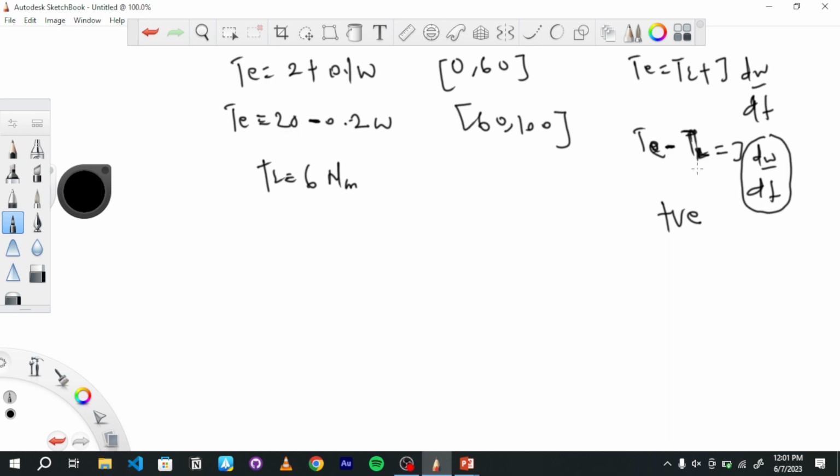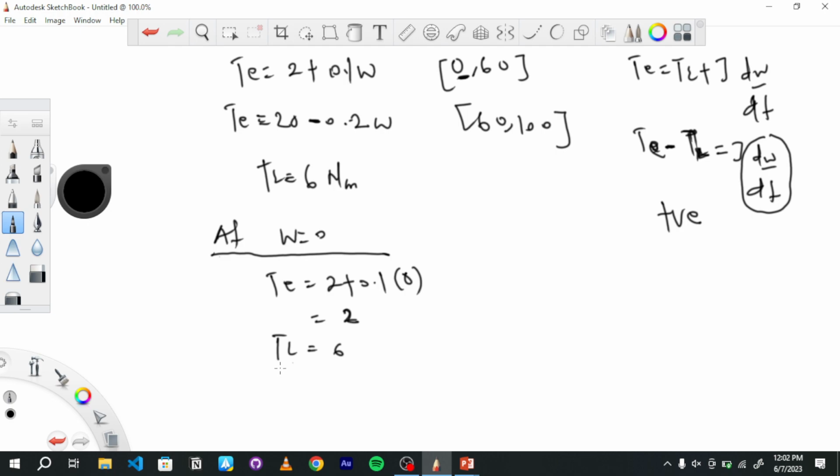So at starting, let's check at omega equal to 0. Let's find TE there. TE will be equal to 2 plus 0.1 times 0, which is 2. So at starting, TE is 2, and we know TL is constant, it is 6.